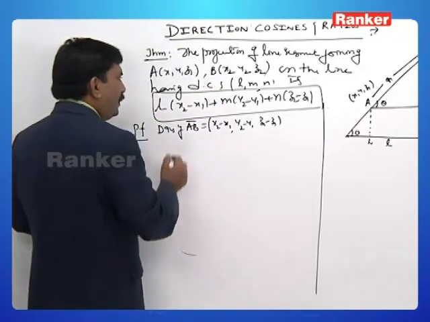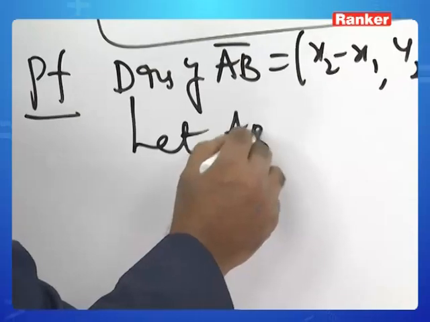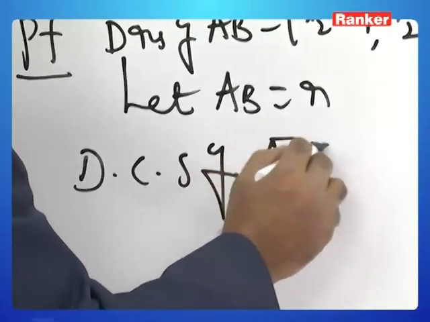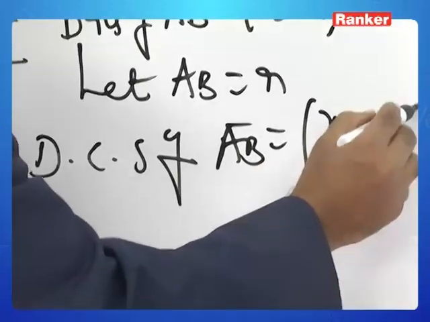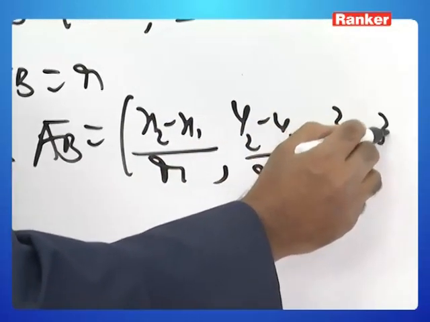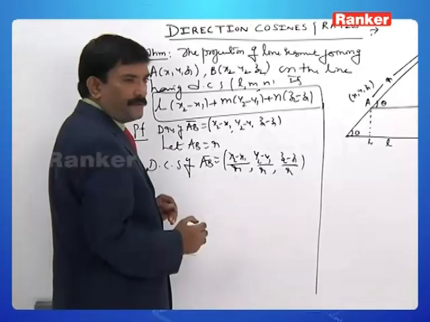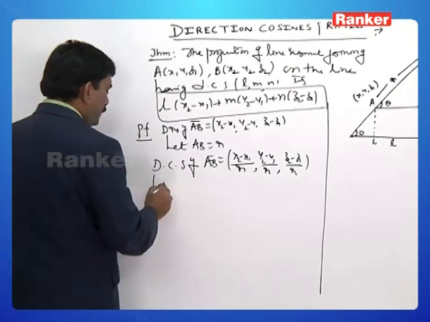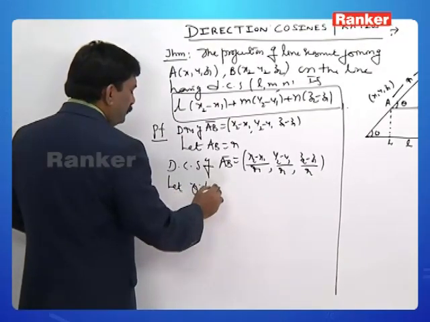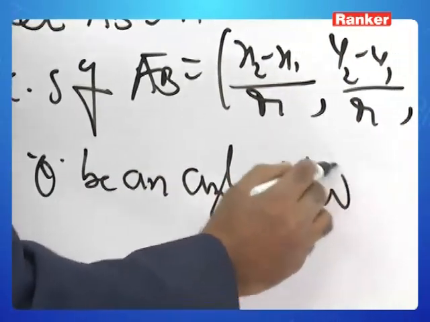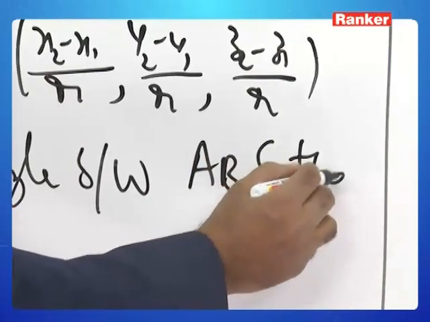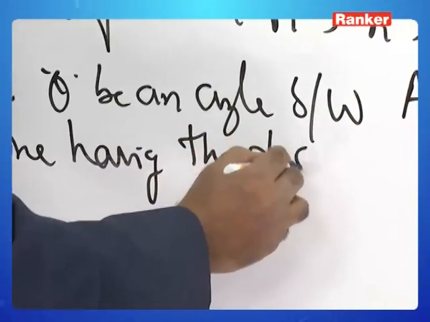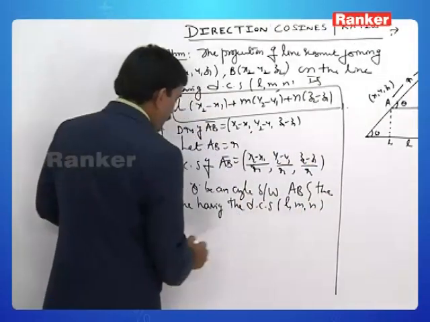Now let AB be equal to R, the length of AB is R, therefore DCs of AB bar are given by x2 minus x1 by R, y2 minus y1 by R, z2 minus z1 by R. Now let theta be the angle between AB and the line having DCs l, m, n.